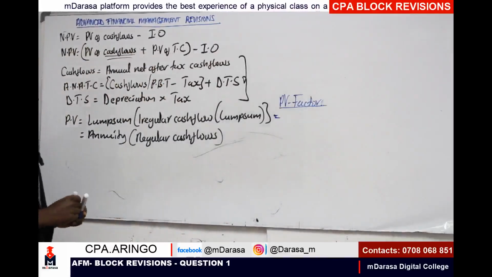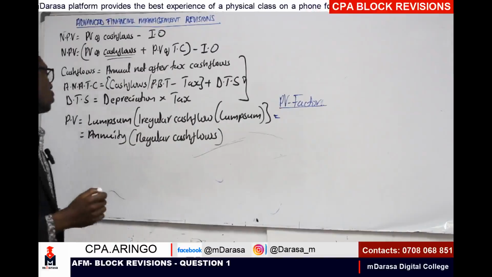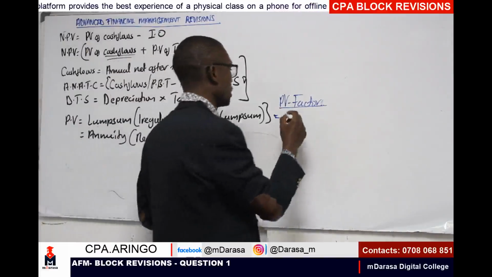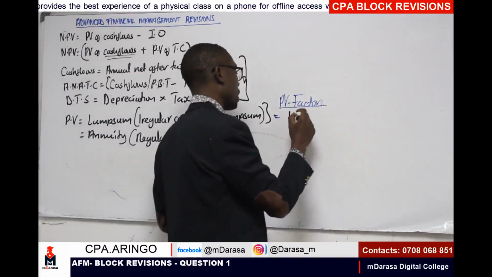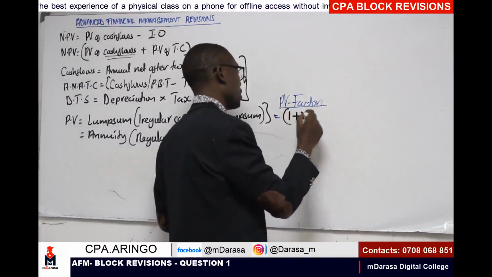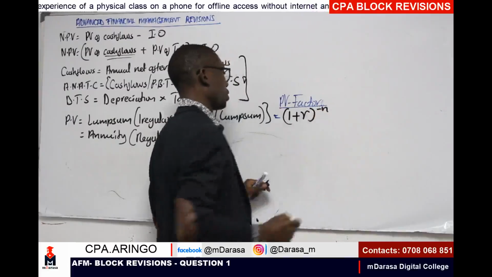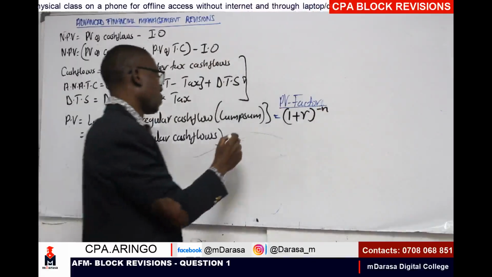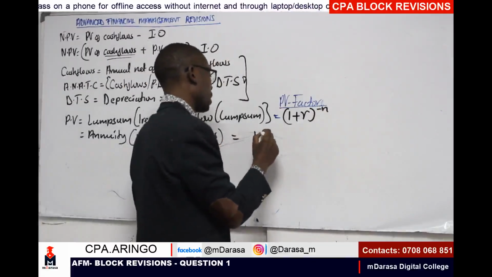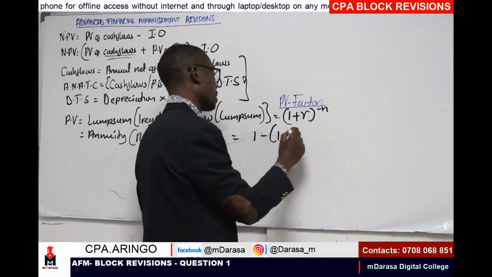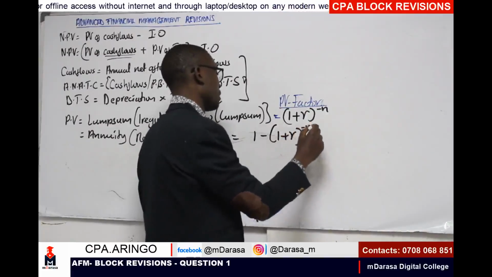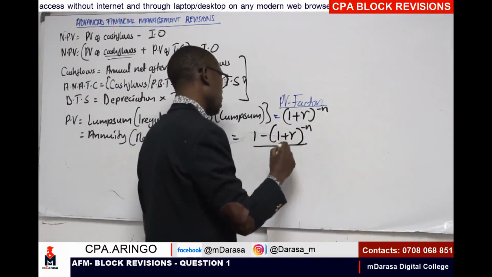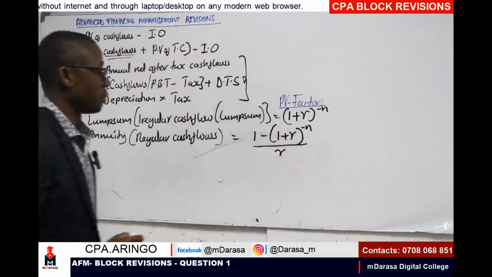Present value factor for lump sum, we talk of 1 plus R raised to the power negative period N. Present value for annuity, we have 1 minus 1 plus R raised to the power negative N, divided by R. Very important.